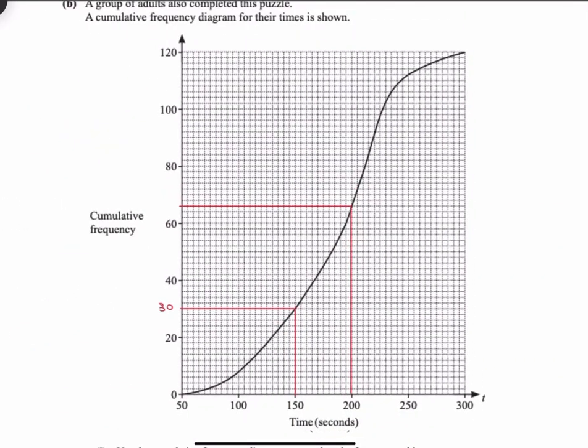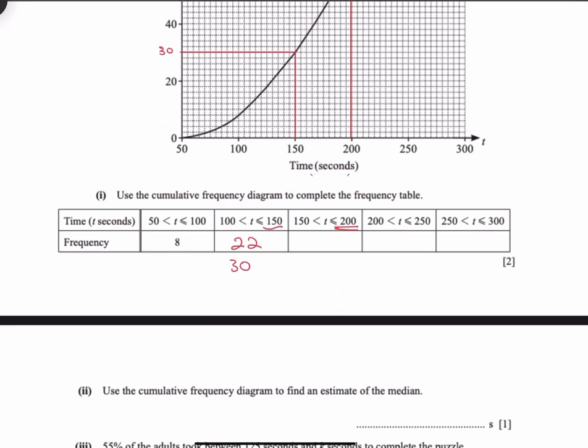So 62, 64, 66. So this is a 66. Now 66 minus 22 is going to be a 44. No, not 66 minus 22. It's 66 minus 30. Okay, 66 minus 30. That is a 36.